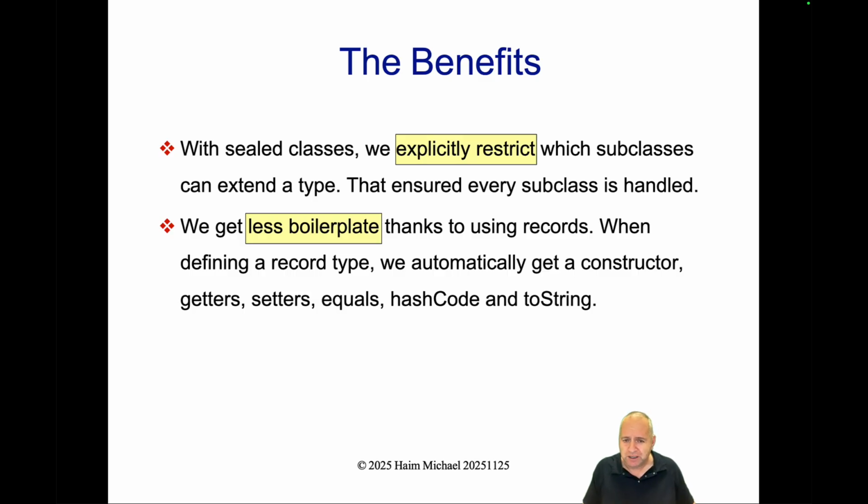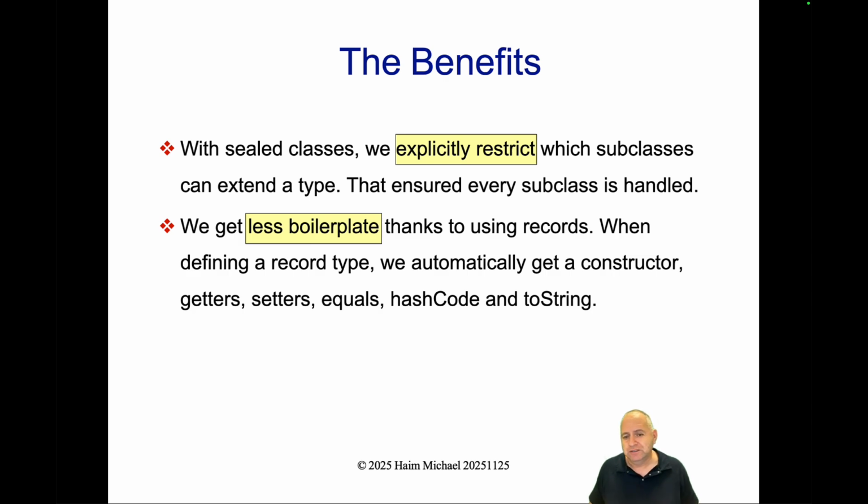We first start with defining the interface and then defining the classes that implement that interface directly or indirectly. And when using sealed classes, when defining that interface as a sealed type, we actually restrict the classes that can implement the expression interface, for instance.